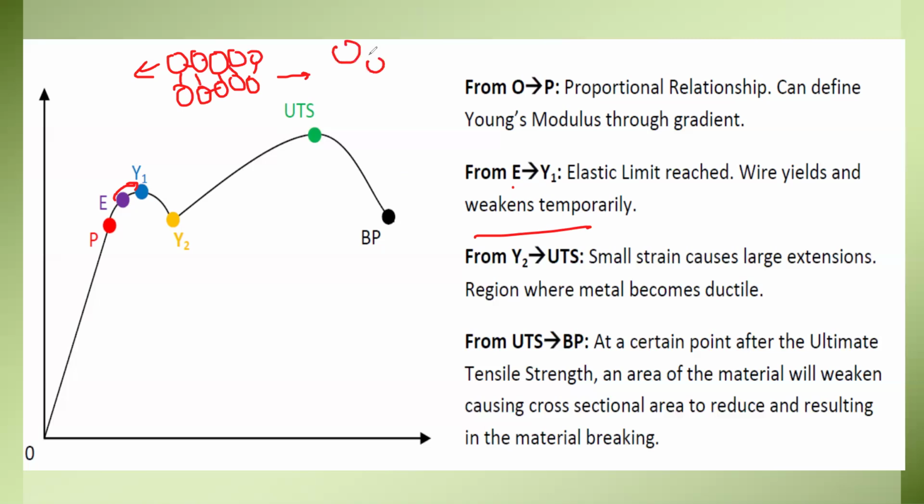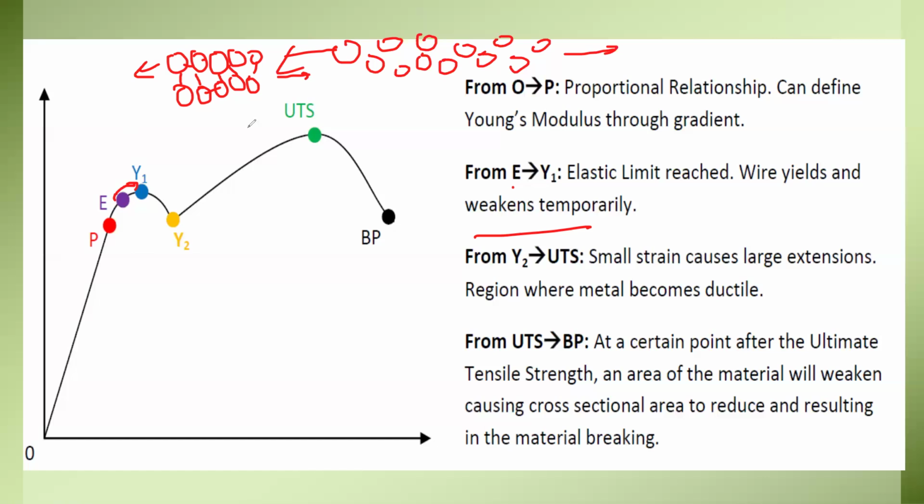When we apply too much force, the layers start to slide over each other, so momentarily the strength of the metallic bond decreases. When it decreases, we produce a maximum change in the length, and we call that the yield point region.